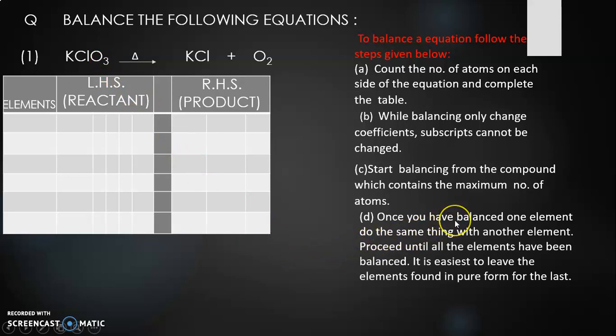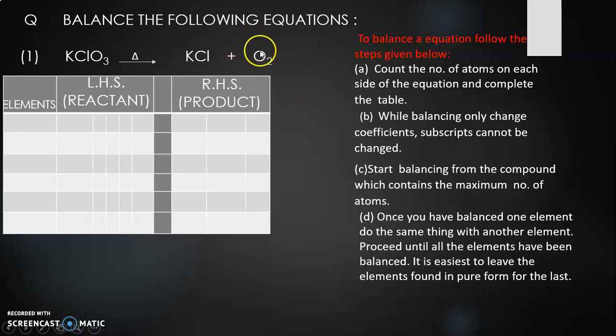When we balance, we start with one element and then once we have balanced, we go to the next, and we proceed in this way till all the elements have been balanced. The easiest part is elements which are in pure form.